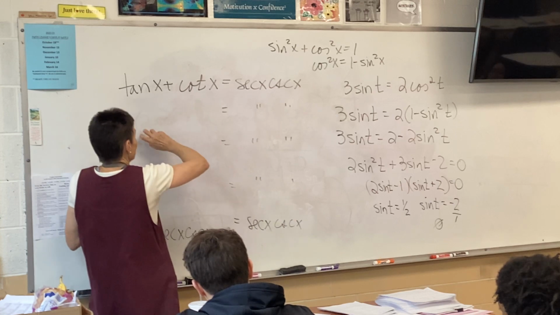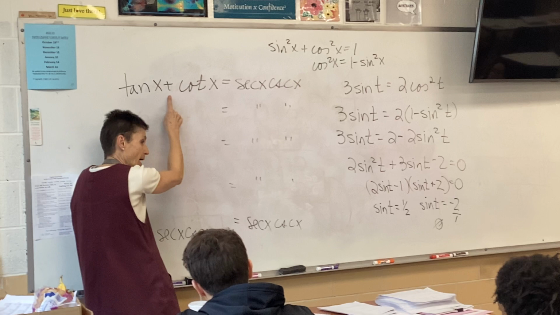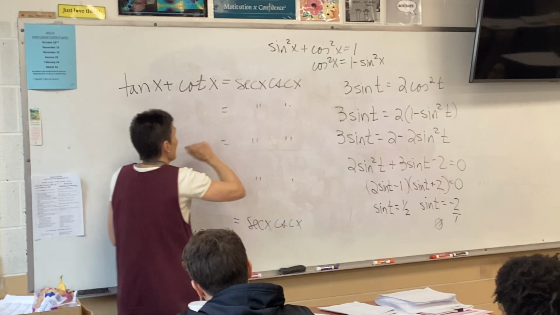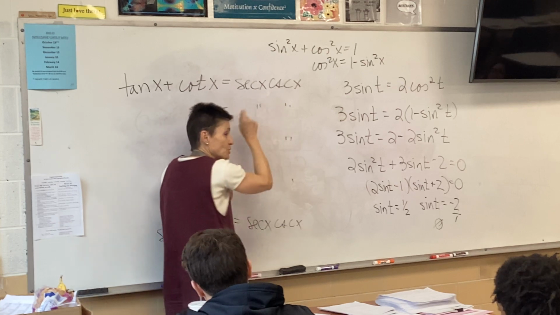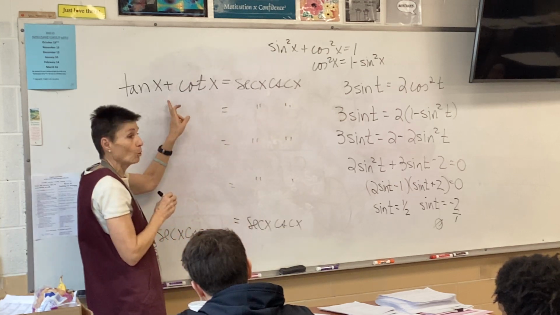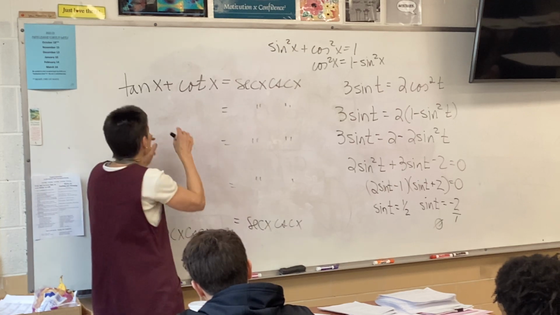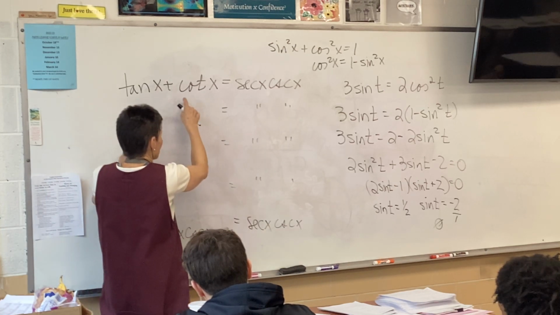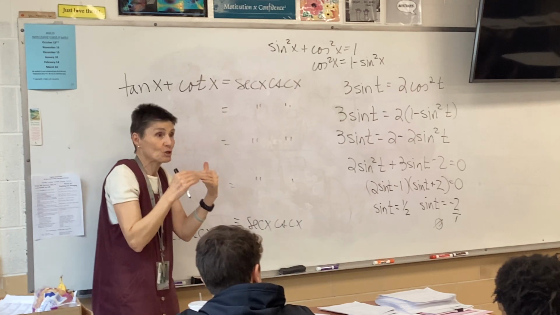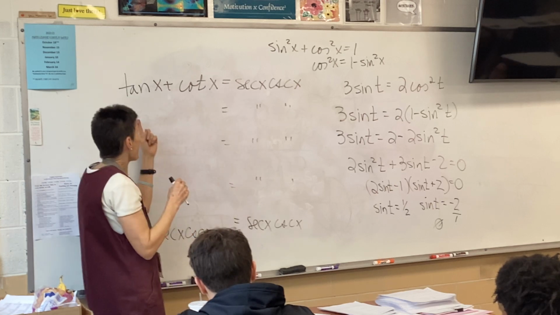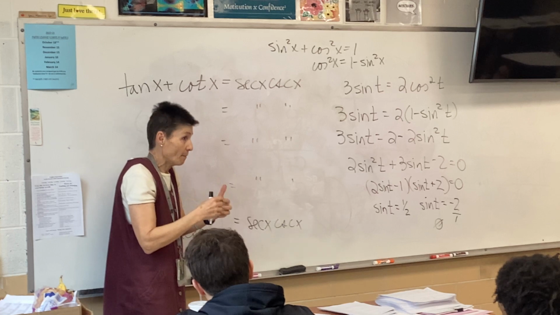If one side of your problem is an add or subtract, and the other side is a times or divide, it's usually easier to work on the add and subtract side. Here's why. I'm gonna change these into sines and cosines. They're going to be fractions, so I'll be adding fractions, and then I'll get a common denominator.